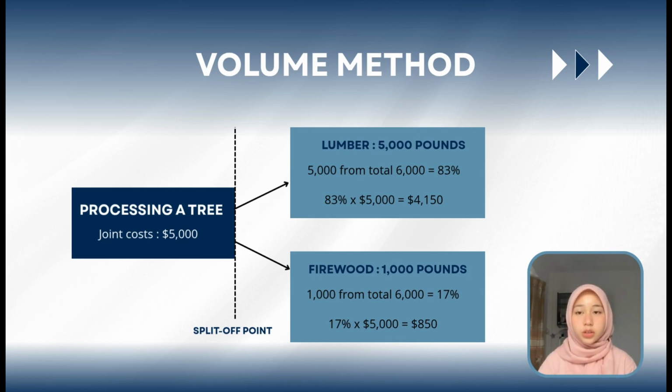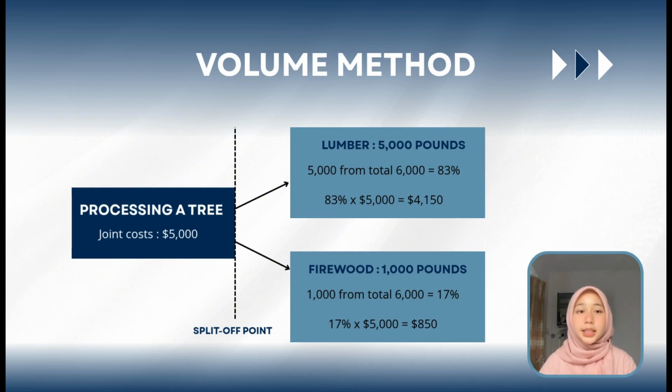Okay, looking at our diagram, let's say our facility is processing a tree with a total joint cost of $5,000. Once it passes the split-off point, it simultaneously produces 2 items: lumber weighing 5,000 pounds and firewood with a weight of 1,000 pounds, making a total physical weight of 6,000 pounds. For lumber, its physical share is roughly 83%.